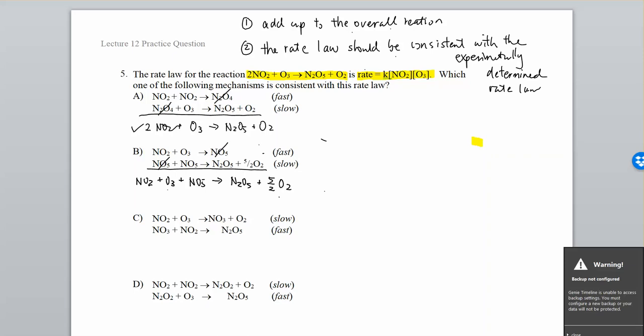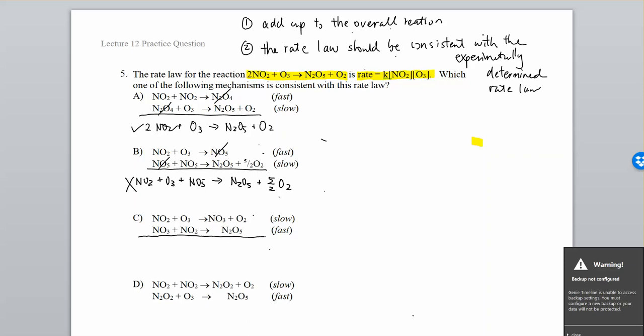As you can see, this does not match the overall reaction highlighted here. So B cannot be a possibility because it failed the first criterion, that the steps add up to the overall reaction.